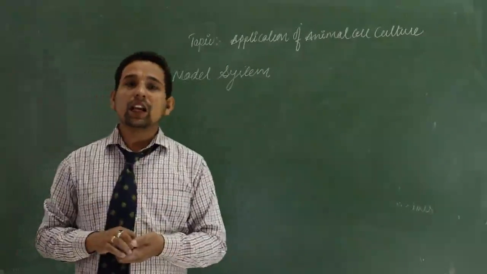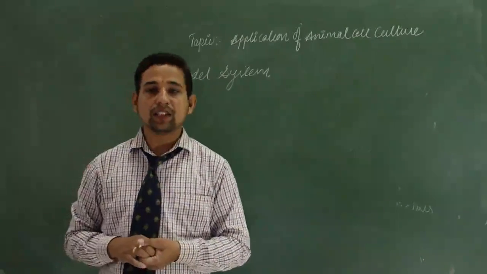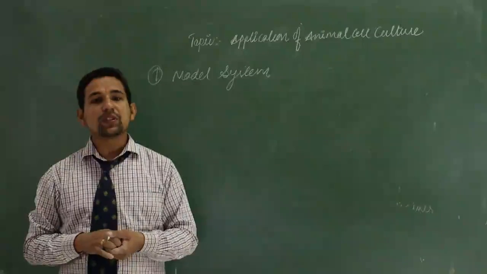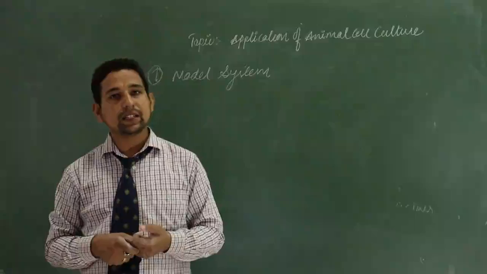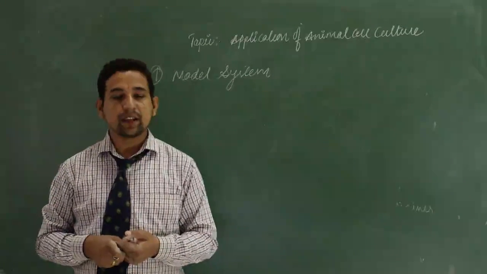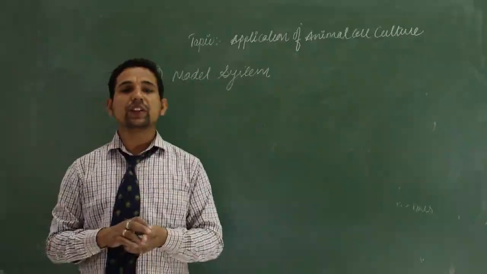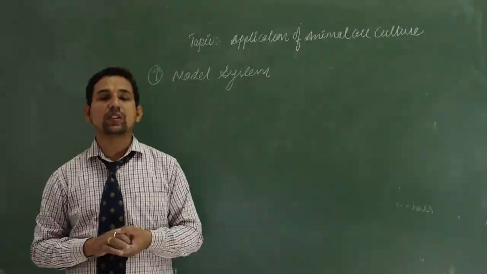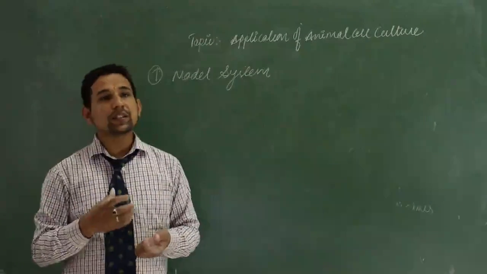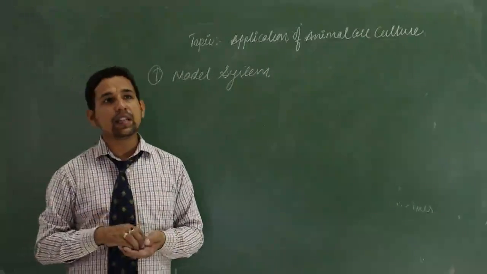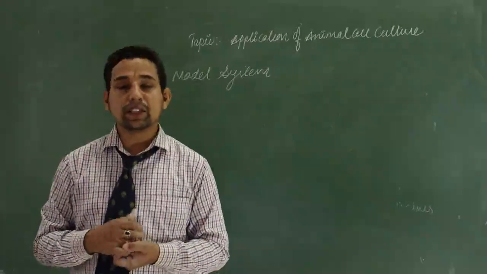Cell cultures are used as a model system to study basic cell biology and biochemistry, to study the interaction between cells and disease-causing agents like bacteria and viruses, to study the effect of drugs, to study the process of aging, and also to study the triggers for aging.